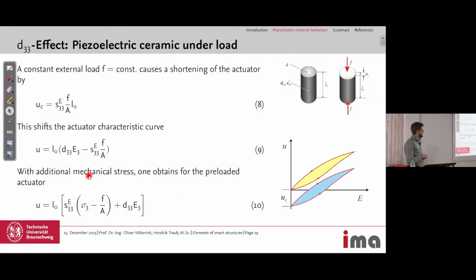So with additional mechanical stress, we can also have this equation with a constant loading and then with varying additional stresses, just to show the behavior of a preloaded actuator, which shifts down this curve in the diagram.